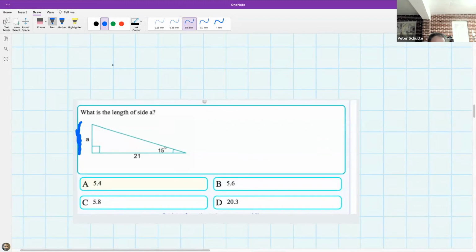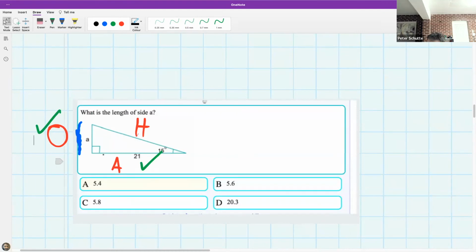So always start, when you're solving for an unknown side in a right angle triangle, by labeling your sides. So this will be O, that would be H, that would be A. Now, I always want the ratio that involves something that I know, so it's the A, and this is going to be this thing that I want to get to know. So what trig ratio involves O and A? That's my hint to you.